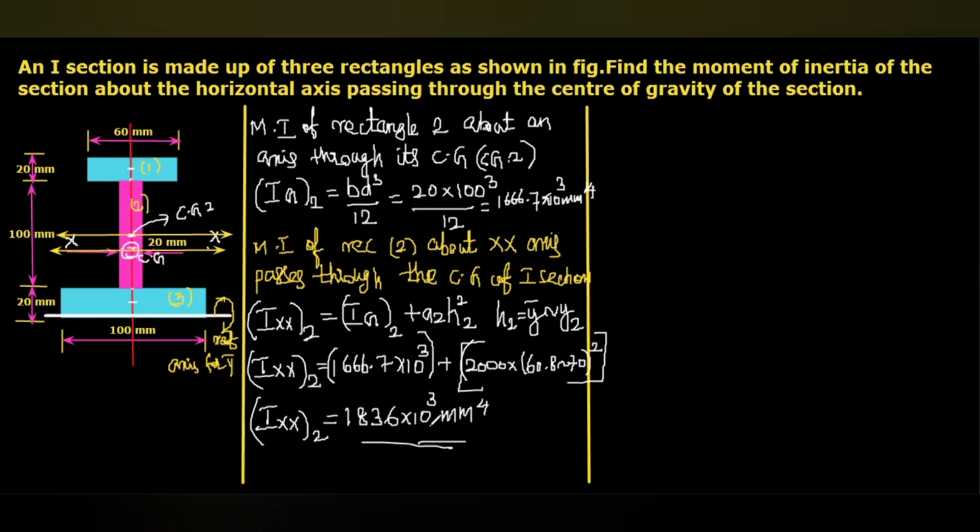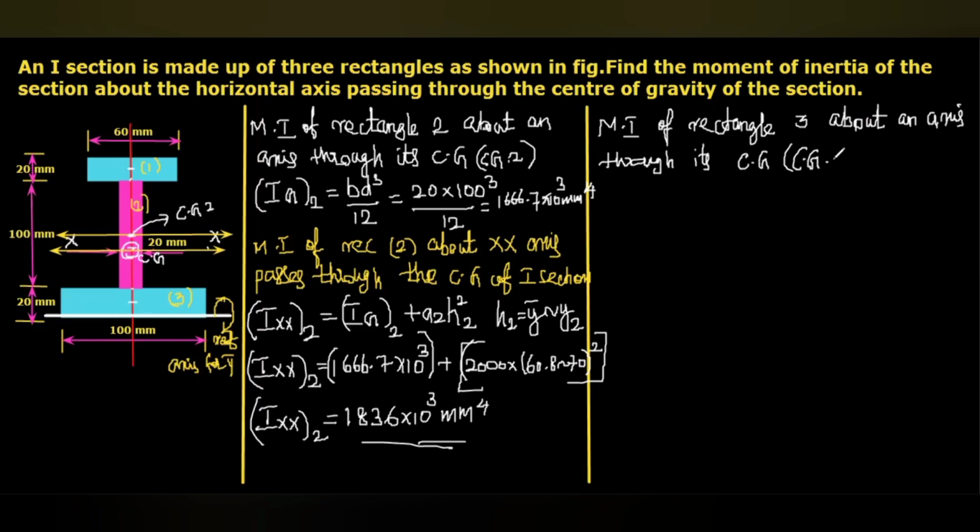So now we are going to calculate Ixx with respect to the third rectangle. First we have to calculate the moment of inertia of rectangle 3 about an axis passing through its center of gravity. That is through CG3.